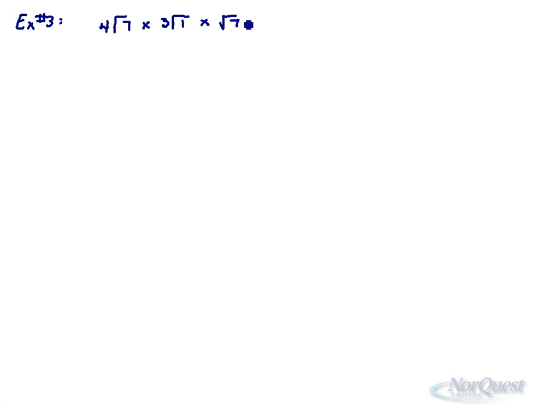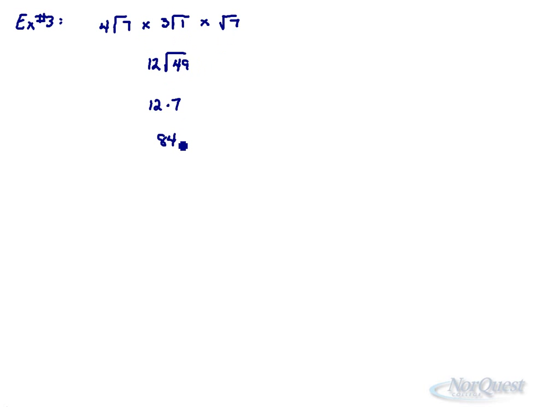But if not, multiply the coefficients, then multiply the numbers inside the radical sign, the radicands. So 4 times 3 times 1 gives you 12. Root 7 times root 1 times root 7 gives you root 49. Well, the square root of 49 is a perfect square, so this gives us 12 times 7, which is 84.